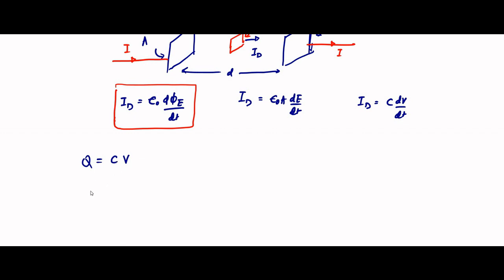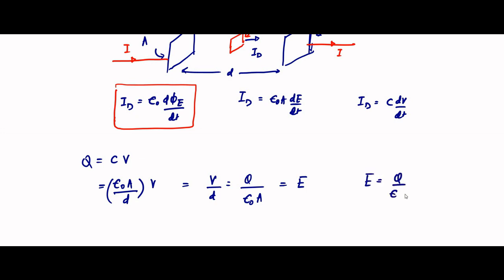Basic definition. We can write C as epsilon 0 A by D, into V. Then we can write V by D is equal to Q by epsilon 0 A. Now if you remember, voltage per unit length or separation distance in a parallel plate capacitor is equal to the electric field intensity. So the electric field intensity here is equal to Q by epsilon 0 A.